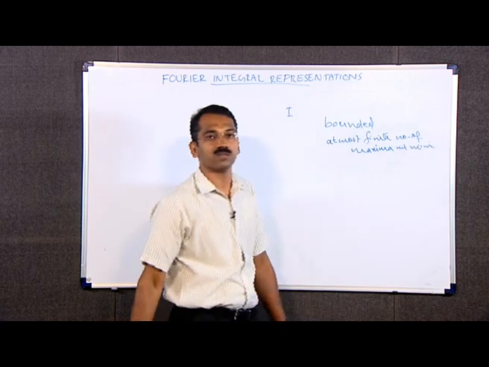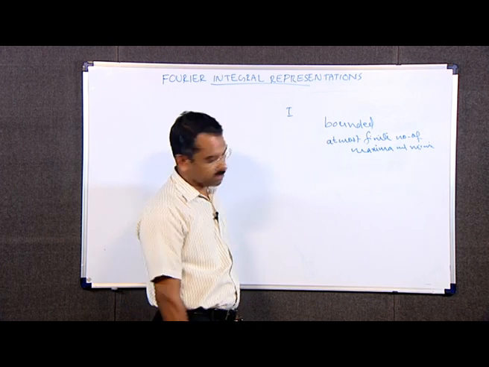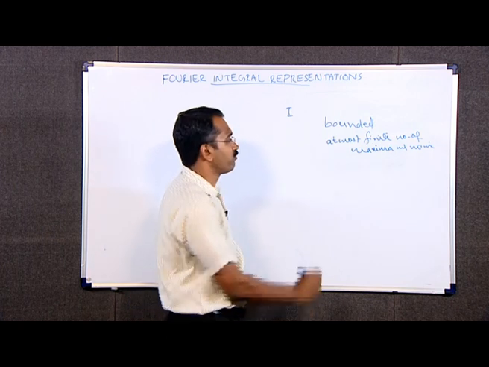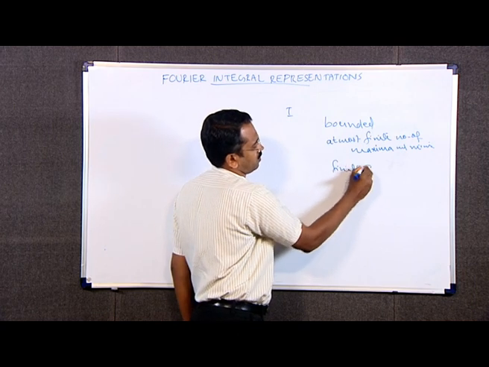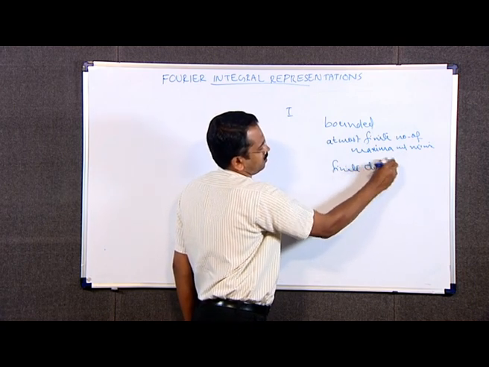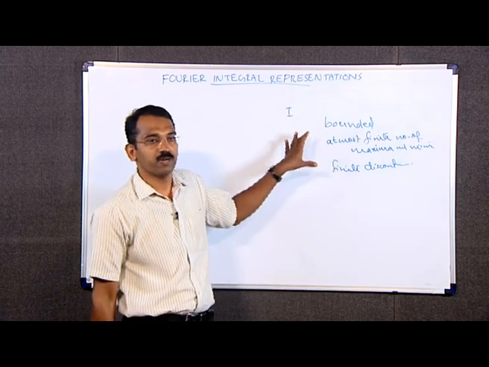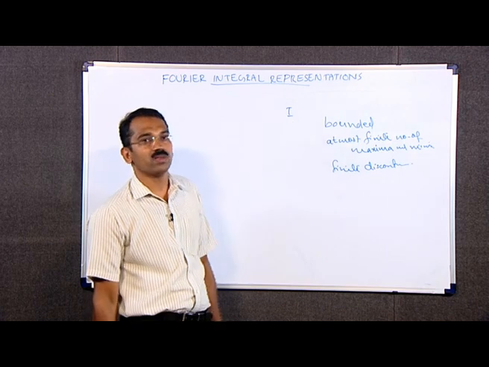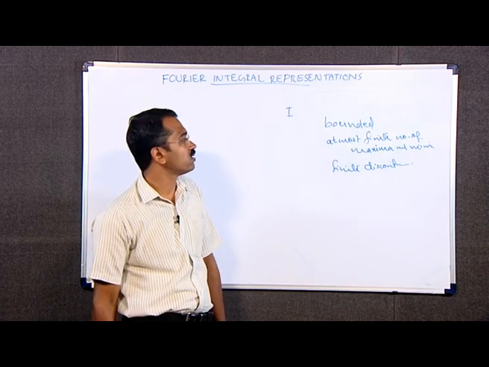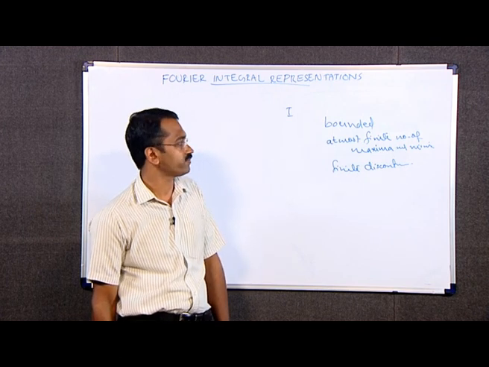And the third is a finite number of discontinuities. If these three conditions are satisfied by a function in an interval I, then we say that the given function satisfies the Dirichlet conditions.